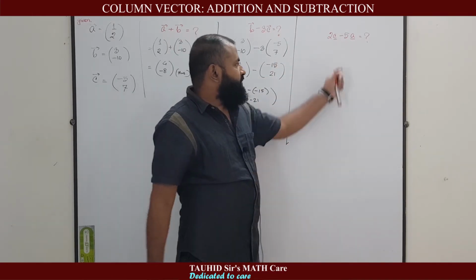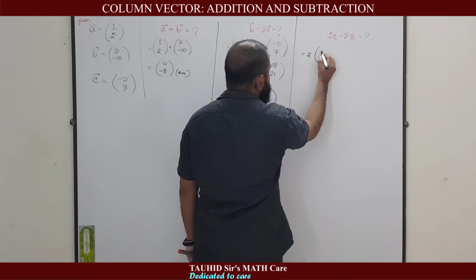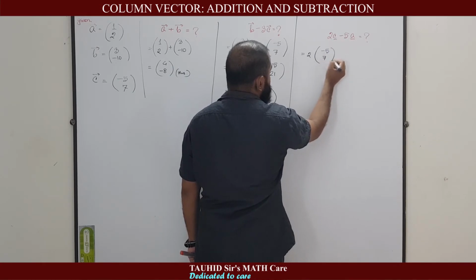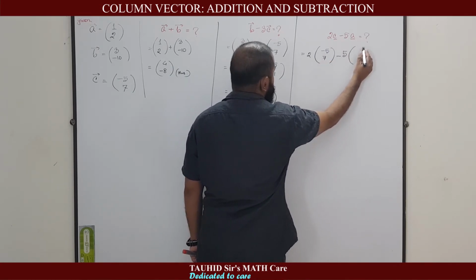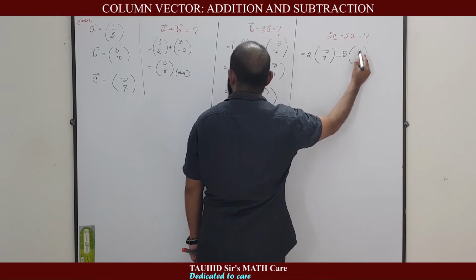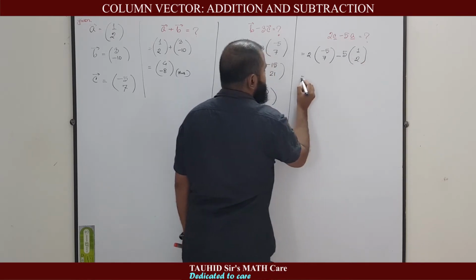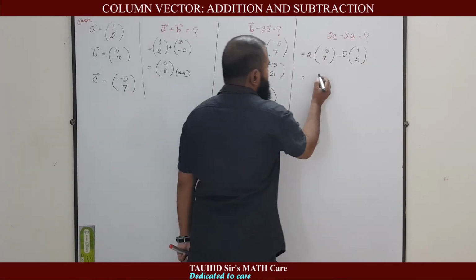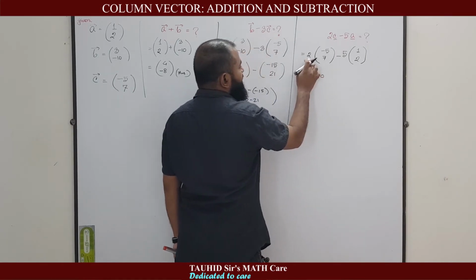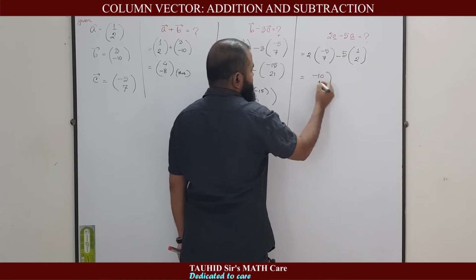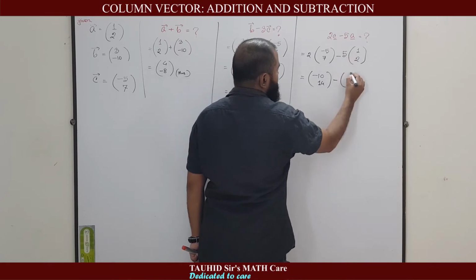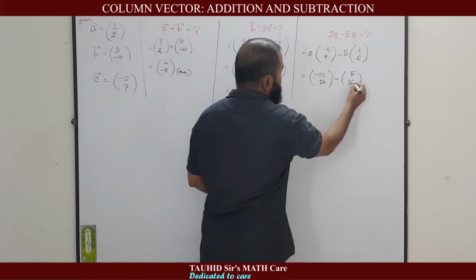And the last one, 2C minus 5A. C is given as (-5, 7), minus 5 into A. A is given as (1, 2). 2 into minus 5 gives minus 10. 2 into 7 is 14. Minus 5 into 1 is minus 5, 5 into 2 is 10.